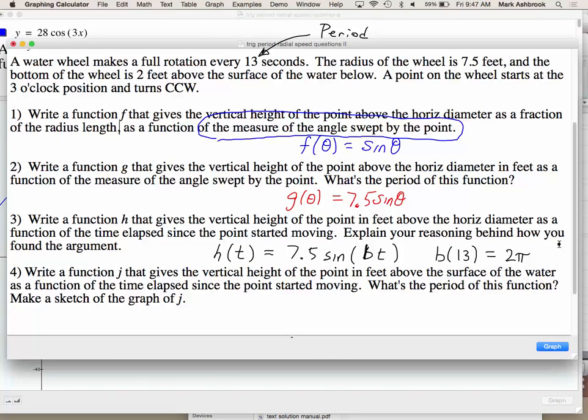That will allow us to solve for this coefficient of t, or the radial speed. So again, that whole thing needs to reach 2 pi when t hits 13 seconds. So b becomes? So b is then 2 pi over 13.